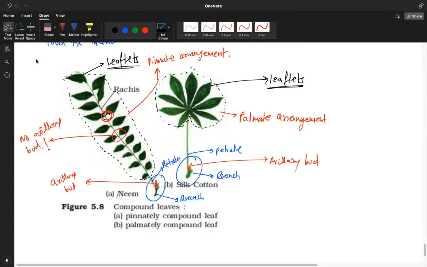Axillary bud is found in the axil of petiole, in both simple and compound leaves.